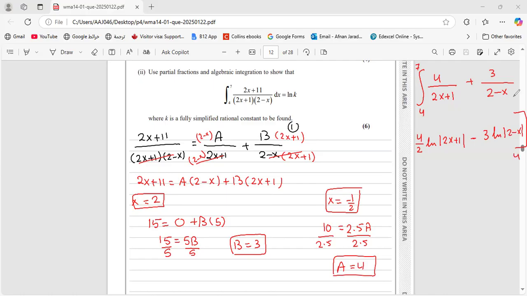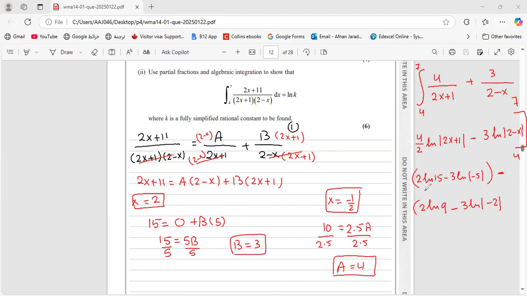Now substitute from 4 to 7. By substituting 7 in this equation, it will be 2 ln 15 minus 3 ln the absolute value of negative 5. This one, you need to subtract the lower limit by substituting 4 in this equation. It will be 2 ln of 2 times 4, which equals 8, plus 1, 9, minus 3 ln the absolute value of negative 2.